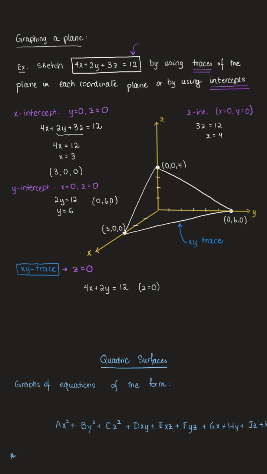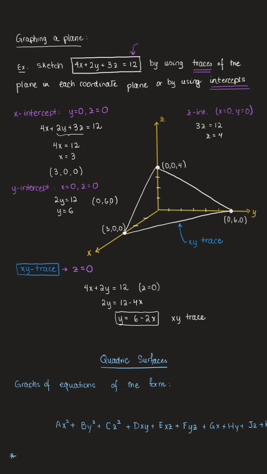I can manipulate this a little bit to solve for y and write it in slope-intercept form. That might be easier to graph or to understand the graph. So we would have that 2y equals 12 minus 4x, and dividing everything by 2, we have that y is equal to 6 minus 2x. And this is called the xy trace.